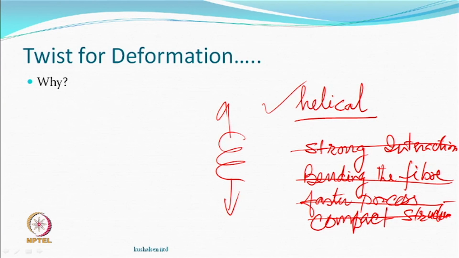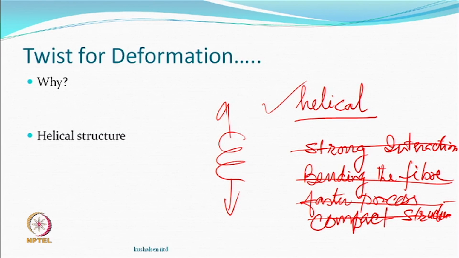So, if I say that twisting gives me an opportunity to give uniform deformation, would you agree? Helical structure, overall uniformity.